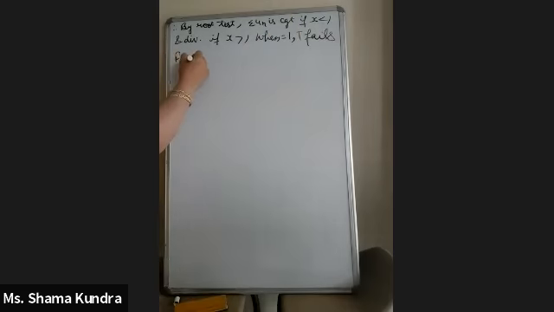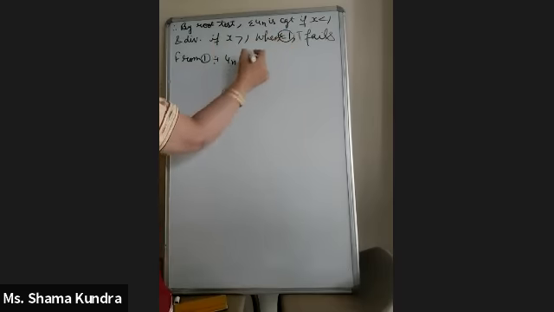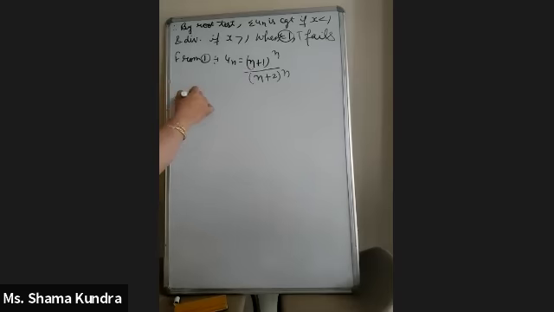From u_n, put x equals 1. Take the higher power of n common. This will get cancelled out.